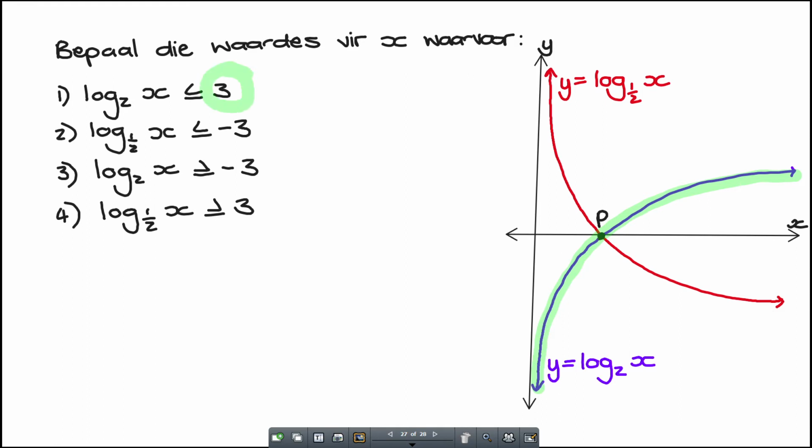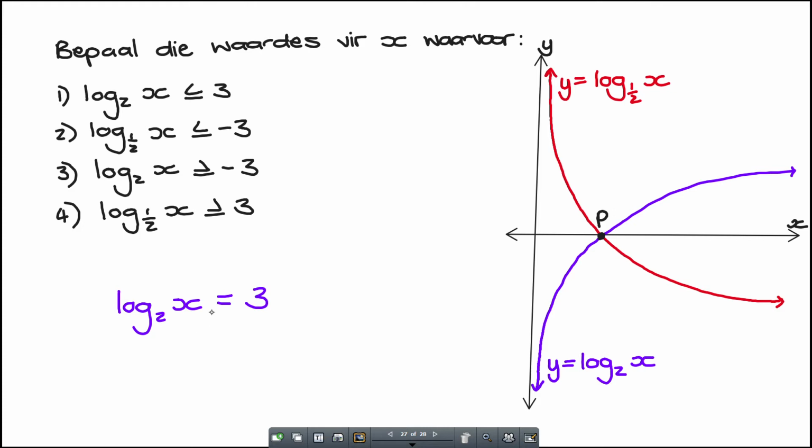Okay. Alright, so you can treat it as a normal equation just to see where the coordinate would be. Meaning I'm going to change that to a normal equal sign. And then I'm going to know where my point is, and from that I can say where would it be less than the 3. Alright, so at the bottom here, have a look. I'm going to say, where would this be equal to 3? Because I first need to get that coordinate. Right?